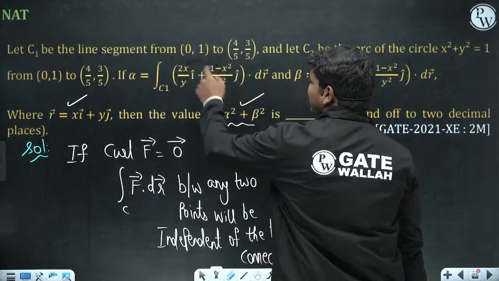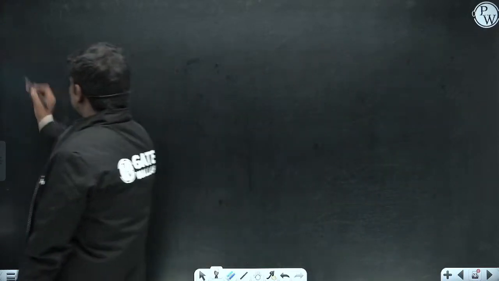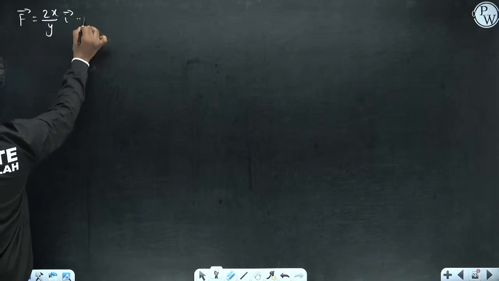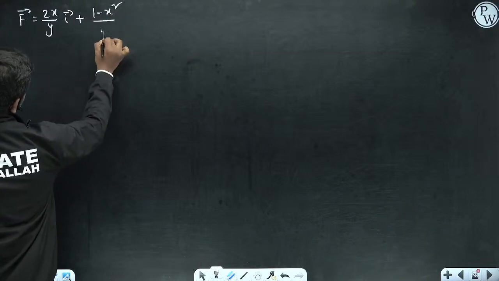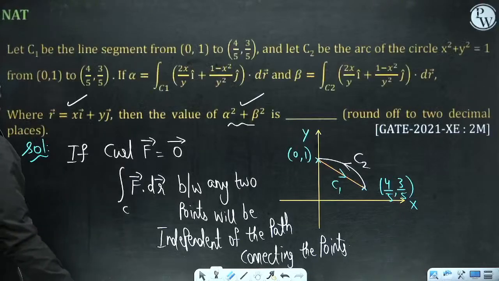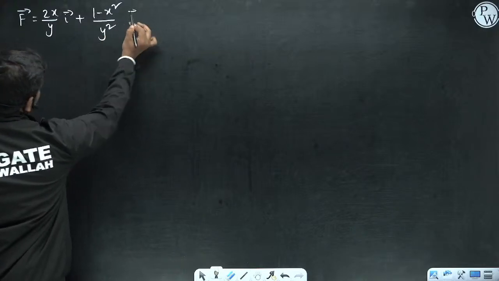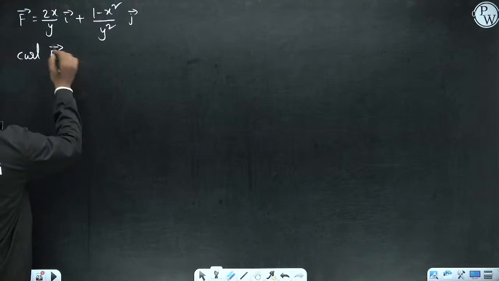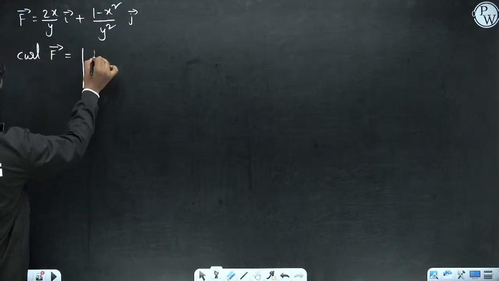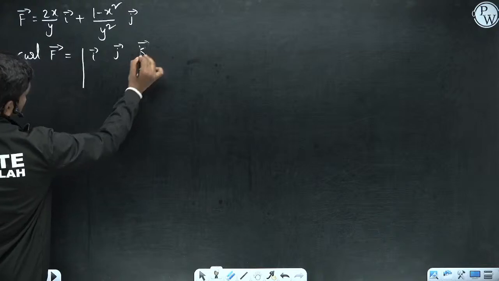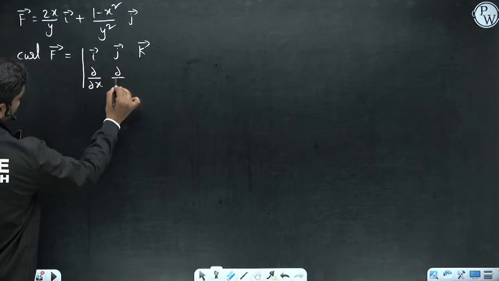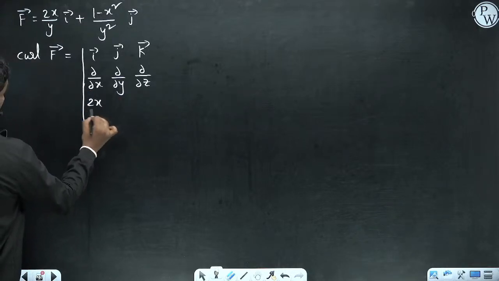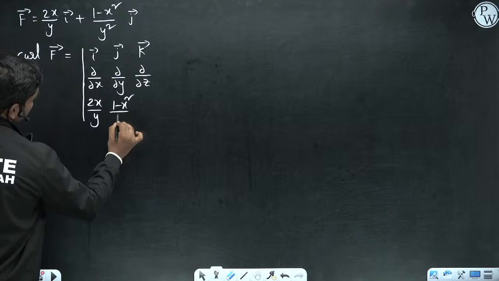Now if you see what is f bar, this function. f bar is equal to 2x by y i bar plus 1 minus x square by y square j bar, correct? So if you calculate the curl of this, curl f bar is equal to the determinant of i, j, k; dou by dou x, dou by dou y, dou by dou z; 2x by y, 1 minus x square by y square, and 0.